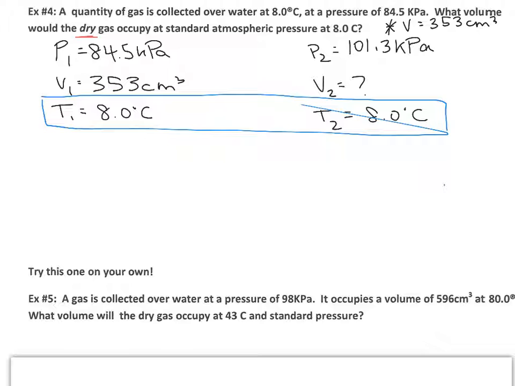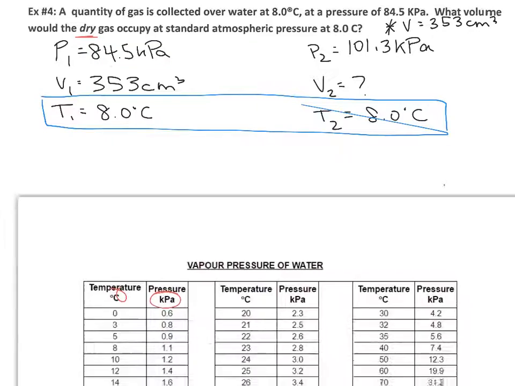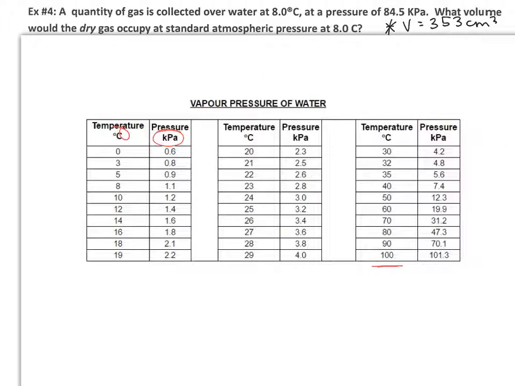So instead, what I'm going to use that temperature for is to account for the amount of water pressure in my system. So let's go back over to that water pressure chart, and we're dealing with 8 degrees Celsius. So on your water pressure chart, you need to find 8 degrees Celsius, and that's exerting 1.1 kilopascals of pressure on the system. So remember we said that P total equals P1 plus P2. If I'm saying that P1 is the gas that I care about, maybe P2 is my water pressure that's hanging out there.